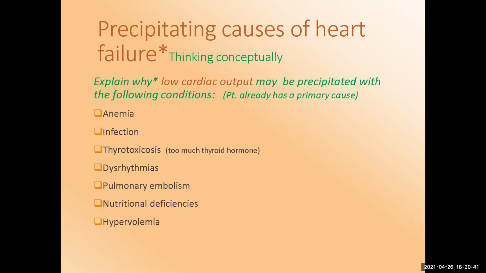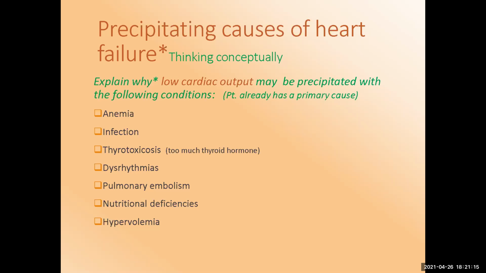Okay, so precipitating causes of heart failure. This is a slide meant to have you think about what's going on conceptually with these patients. Why are they having low cardiac output? These are some reasons why they might. So what results from anemia?